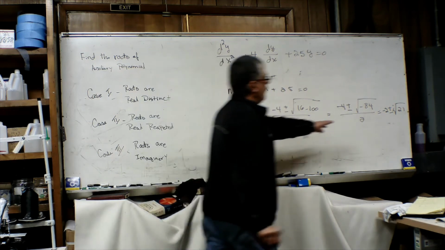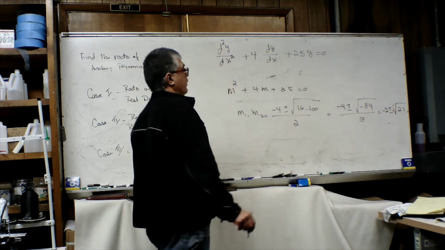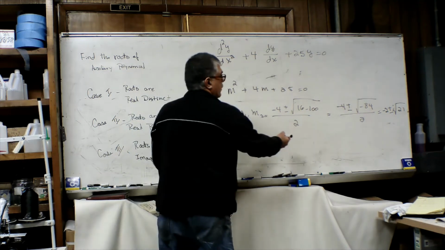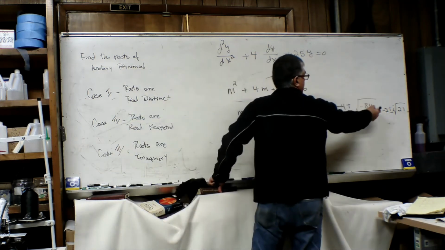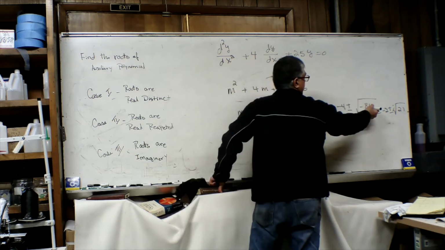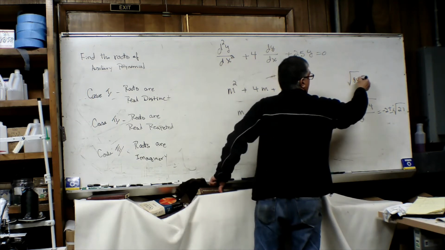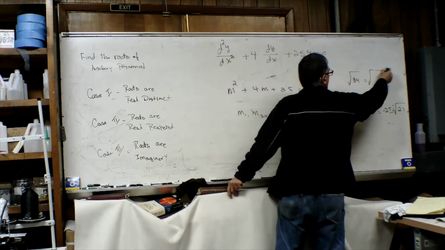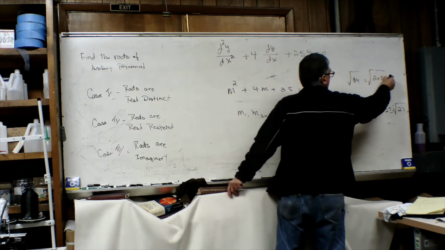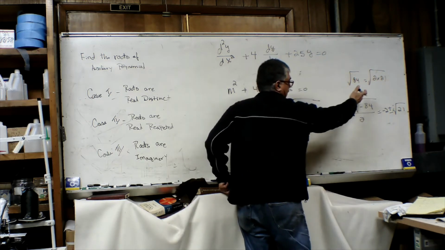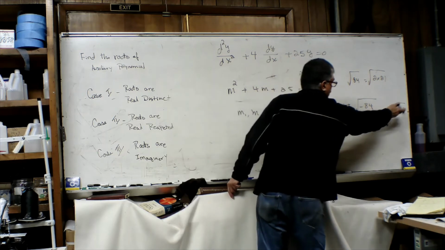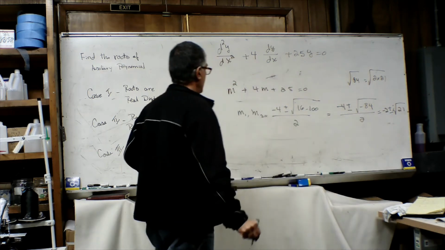The square root of a negative 84: I wrote 84 as 4 times 21, 2 comes out, and divided by that 2, so that would be the answer.